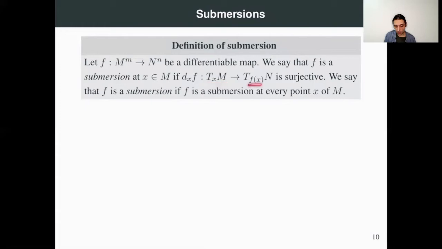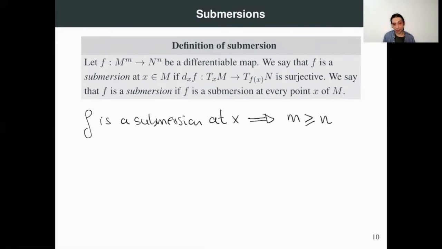But the dimension of this space is the dimension of n as a manifold, and the dimension of the tangent space of M at X is also the dimension of m. So if F is a submersion at a point X, what we have is that m, small m, is greater or equal than small n.